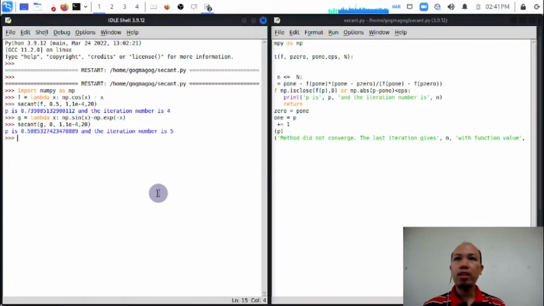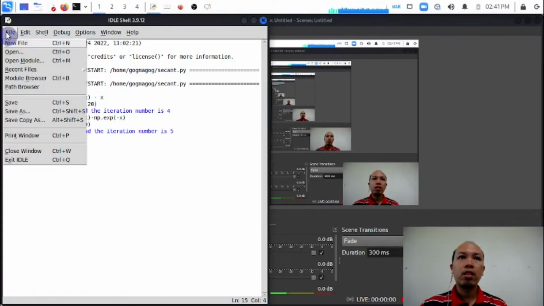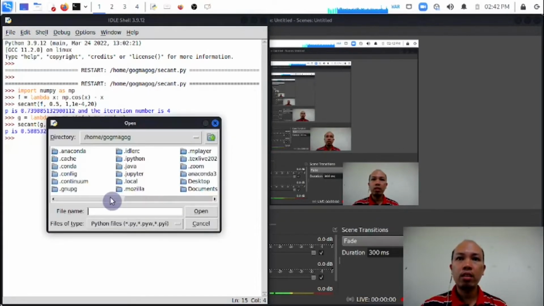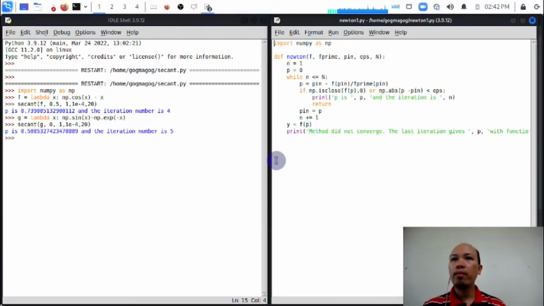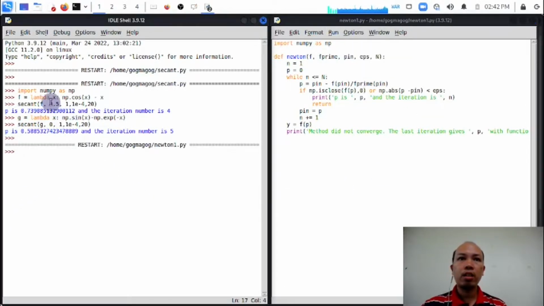How about for the second, for the Newton's method? Okay, let's try the Newton's method. Let's open a file. Newton's method, this one here. Okay, let's run this code first, and we copy this one, import, and then also this function.